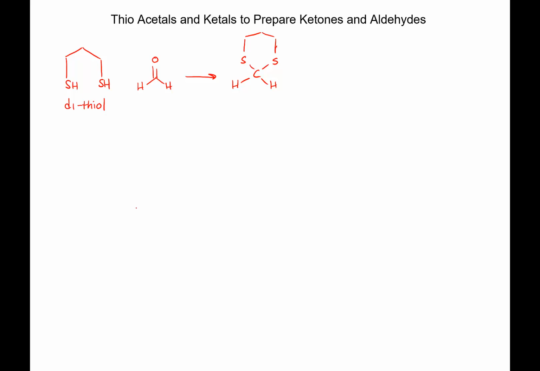And so we make this molecule. Now, what I can do with this molecule is treat it with a strong base. The strong base that's typically used is this molecule called butyl lithium.